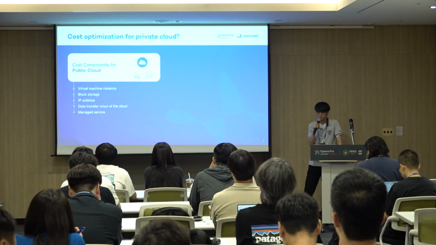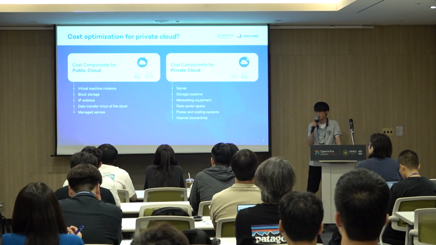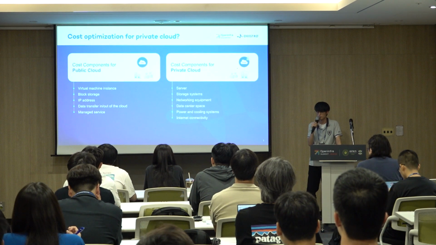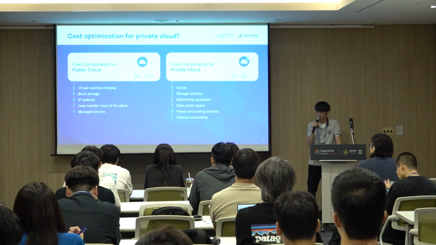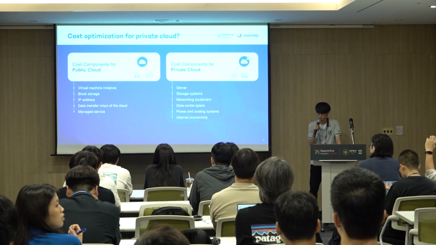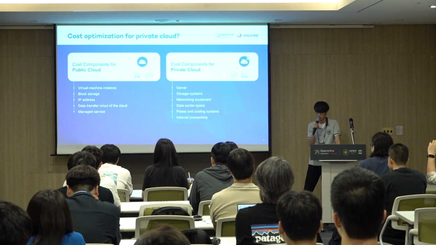I think you have probably heard about cost optimization before. However, most people are familiar with cost optimization for public cloud, like AWS or GCP, but not for private cloud. The approach of these two types of cloud is very different.